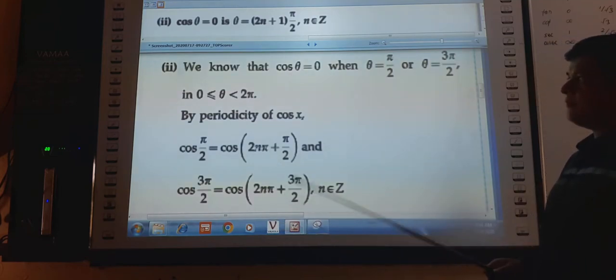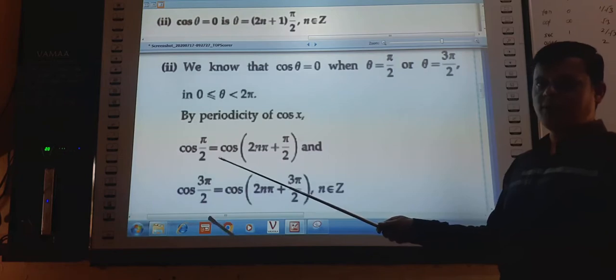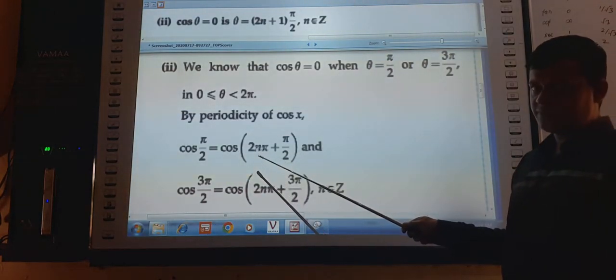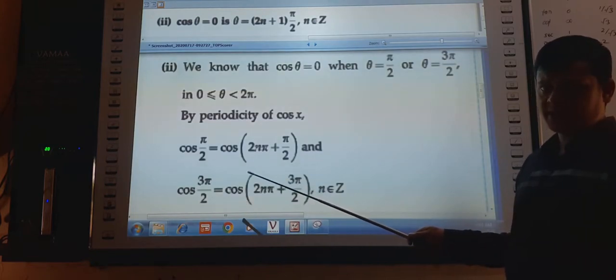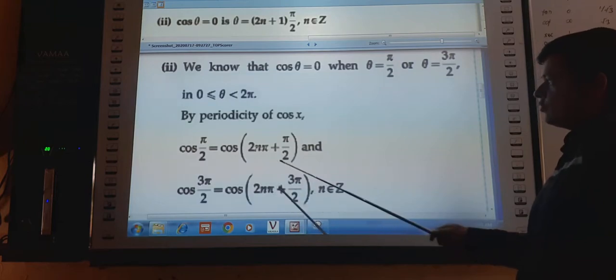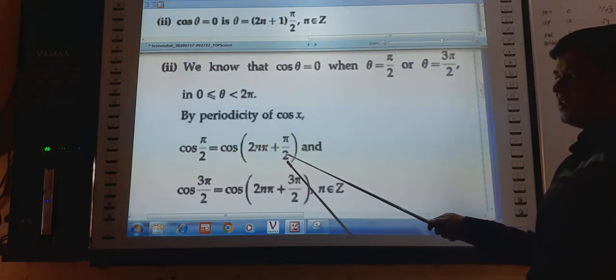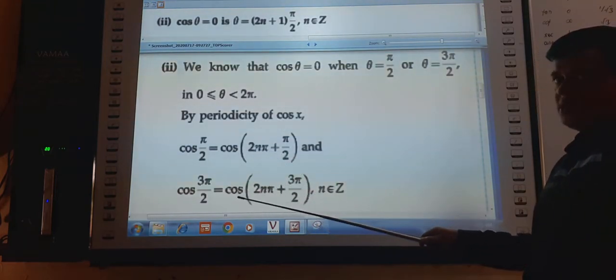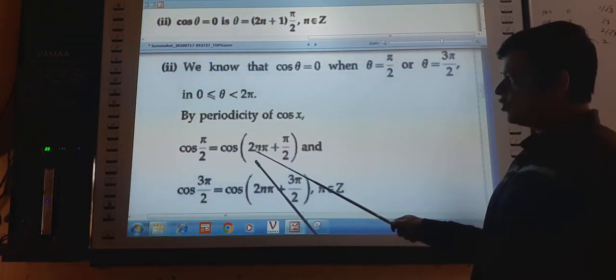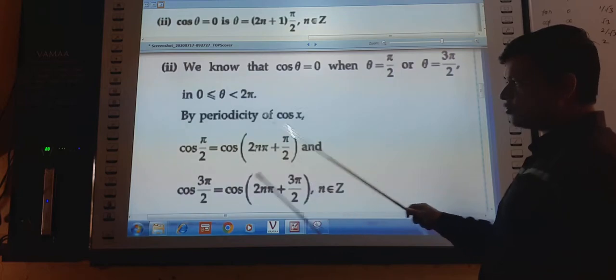Now by periodicity of cos x, we have to write the formula cos of 2 pi plus theta. So instead of 2 pi plus theta, we write the periodic form for n cycles: 2n pi plus theta, the formula that we already used in the previous theorem. So cos (2n pi plus theta) equals cos theta.